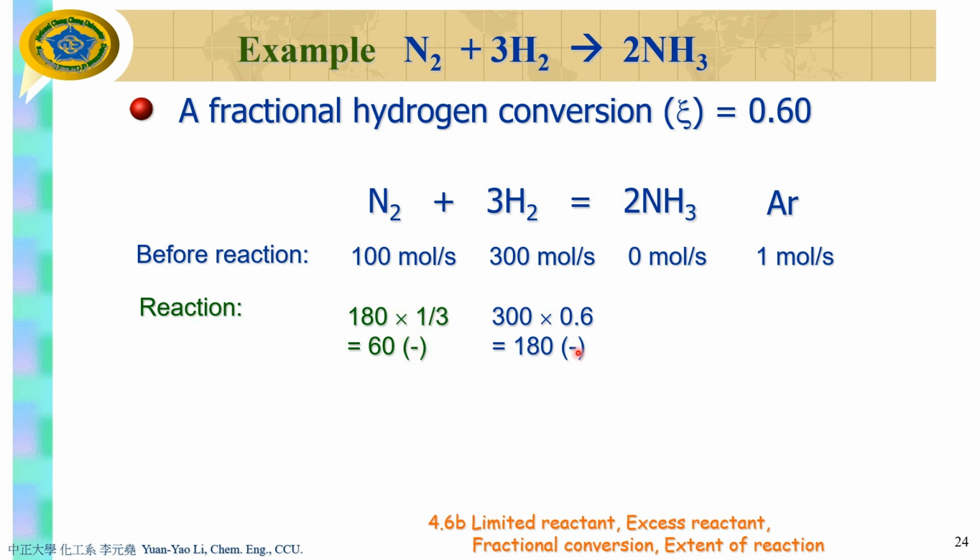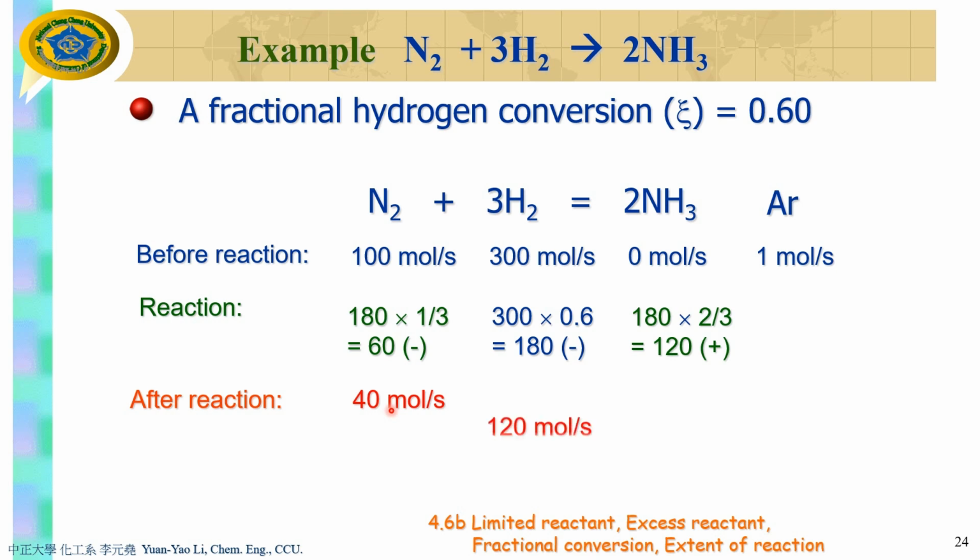Remember this is a negative sign here. And then how much ammonia did you generate? 120, right? This is very easy, so I don't want to waste your time. So 100 consume 60, that will be 40, and this is 120.